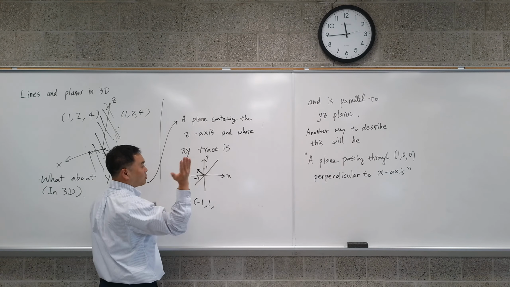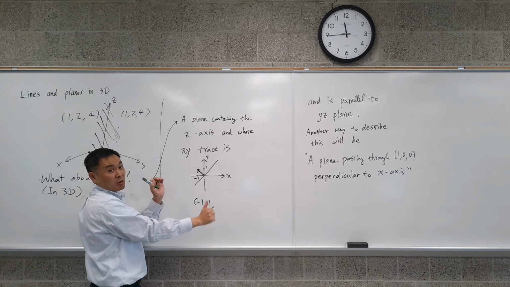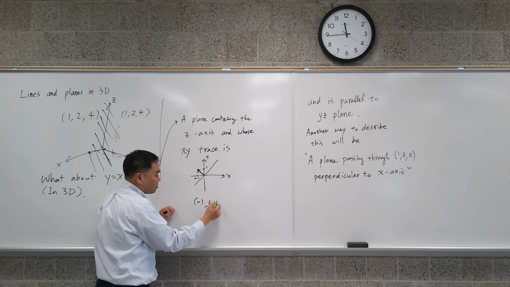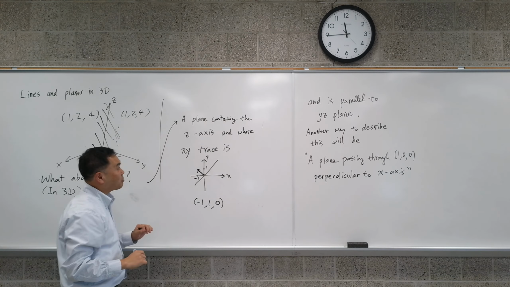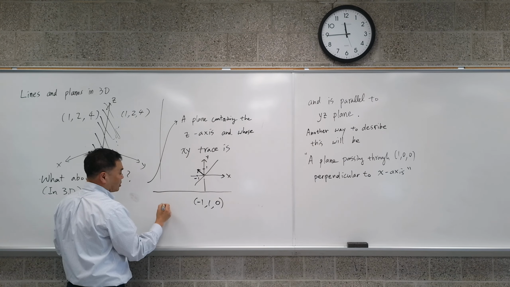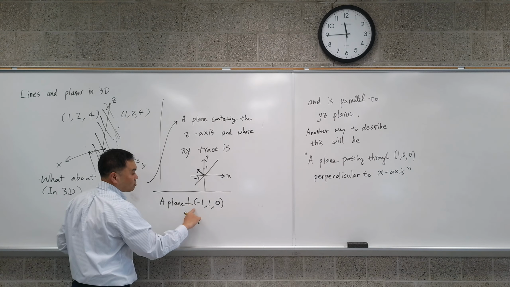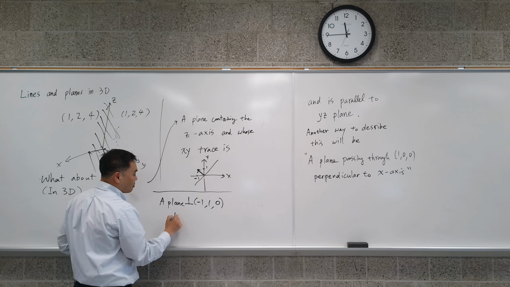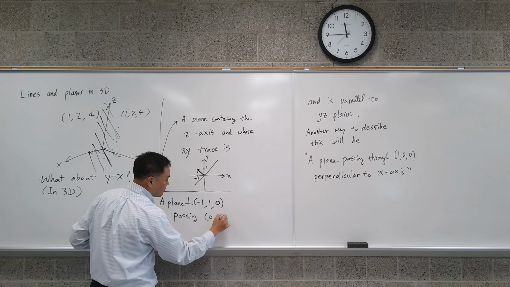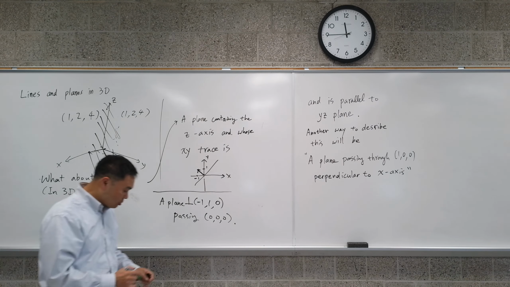If you have this plane, the perpendicular vector is also parallel to the xy plane, right? So it should be this one. So a better way to describe it would be a plane perpendicular to this vector, passing through the origin. And that's going to be the way we are going to describe things.